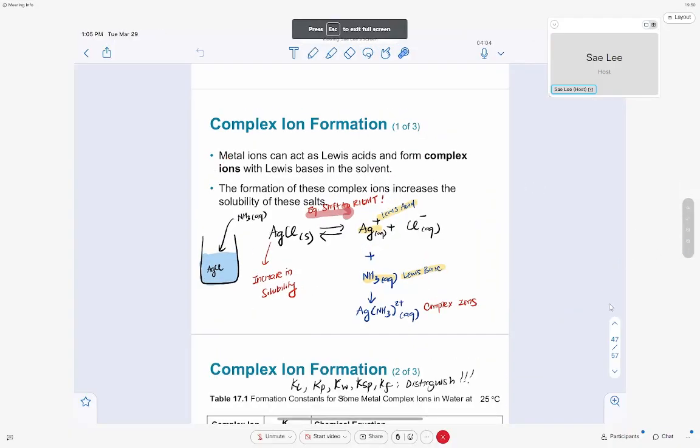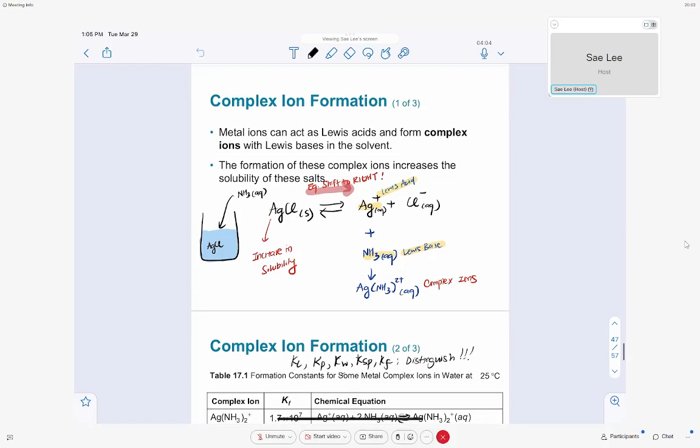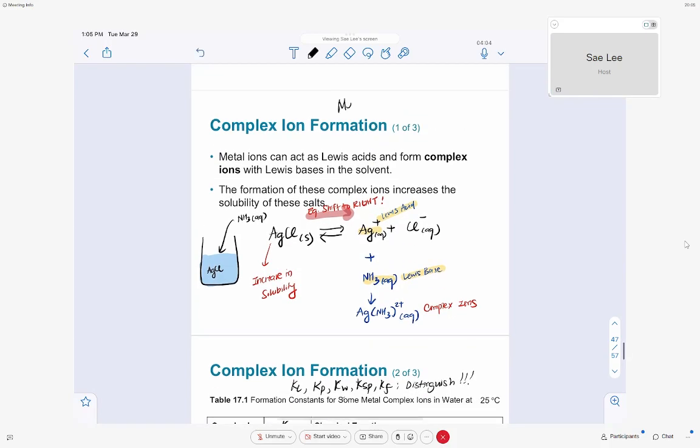A characteristic property of metal ions is that they can act as Lewis acids with Lewis base in the solvent.